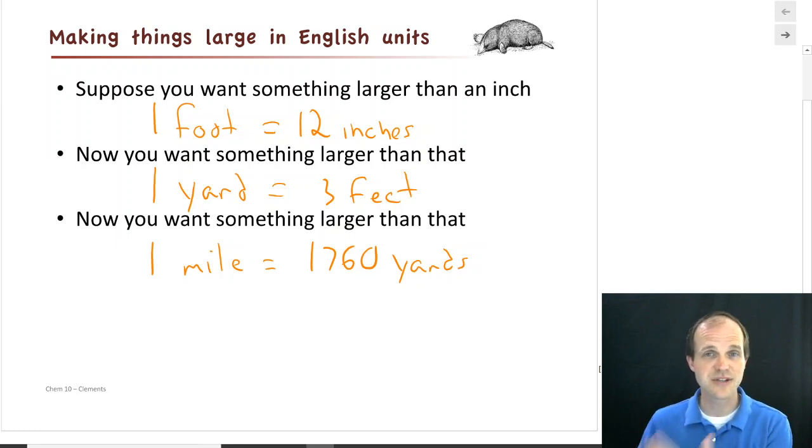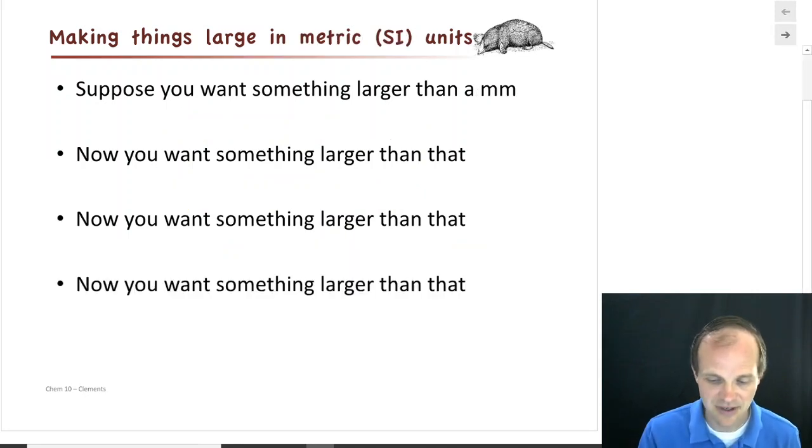There is reason behind them. You can look up the history of these numbers and where they came from. But they are fairly random, and they make conversions fairly difficult because you have to do a different type of conversion every time. So a while ago, people got together and said, hey, let's try to set up a system of units where the conversions make sense, and see what happens.